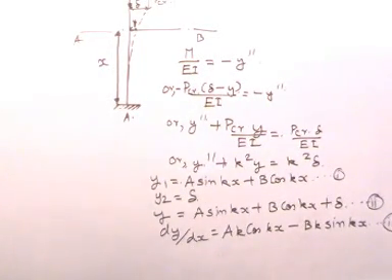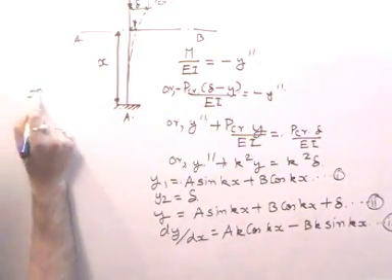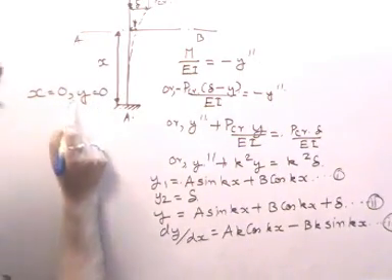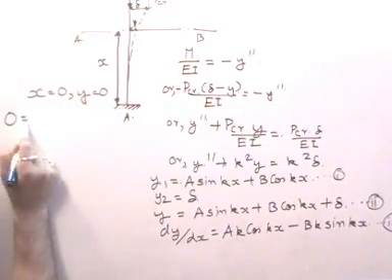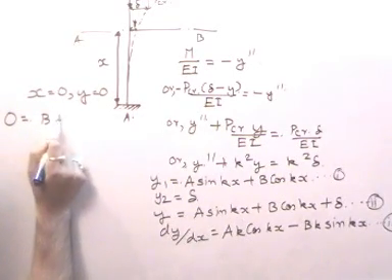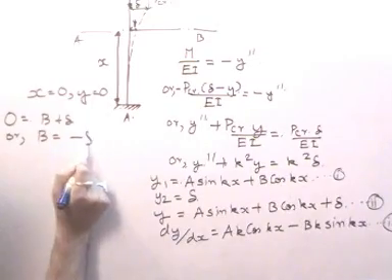I should say there are three boundary conditions here. The first boundary condition, when x is equal to 0, y is equal to 0. And I place this in the number 2 equation. If I place this in the number 2 equation, I have 0, A sin kx is equal to 0, B plus delta. Or effectively, what I have is B is equal to minus delta.